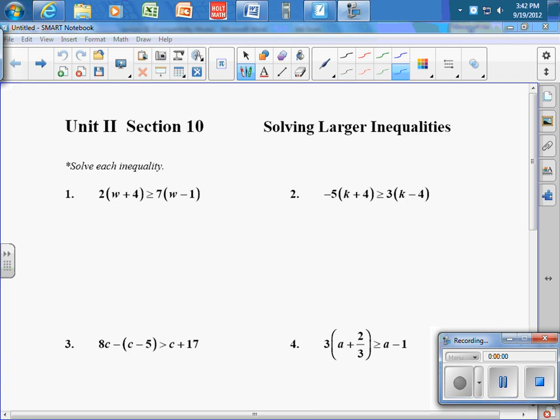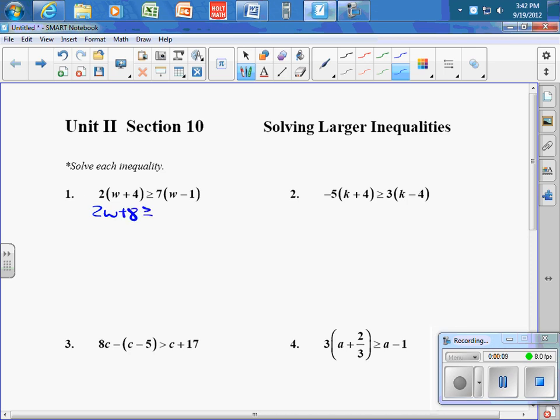Right, so in section 10, we're solving even larger inequalities. Using the distributive property on number 1, we get 2w plus 8 is greater than or equal to 7w minus 7. Again, I'm going to take the 7w from the right side and switch it over to the left side by subtracting it from both sides.